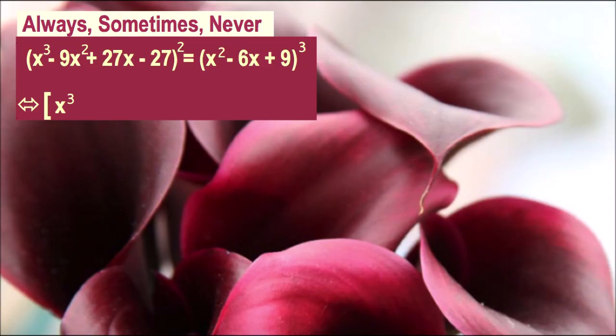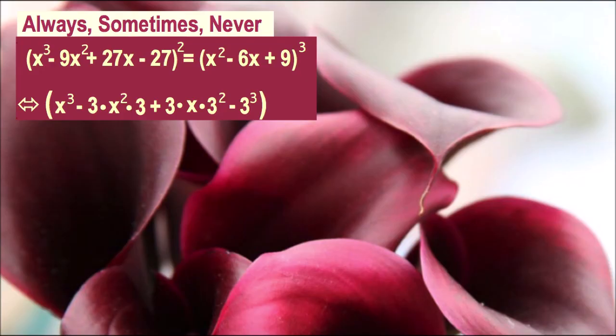This is equivalent to x cubed minus 3 times x squared times 3. We've rewritten 9x squared plus 3 times x times 3 squared. We've rewritten 27x. You see what we're getting at here? We're working the quantity in here to be more tractable.